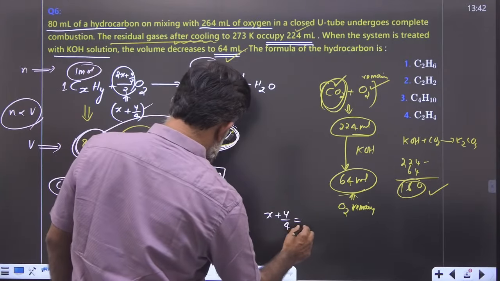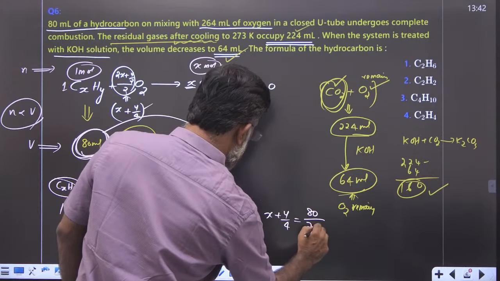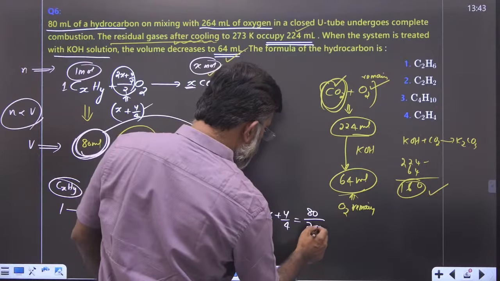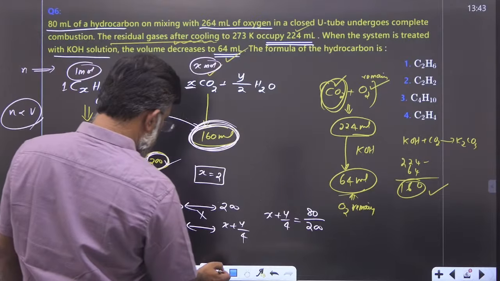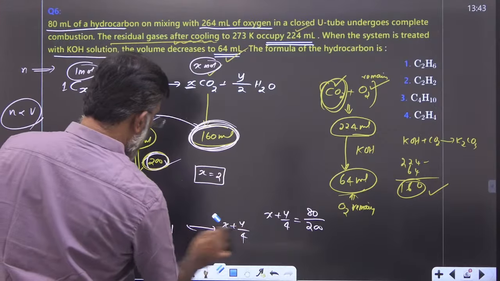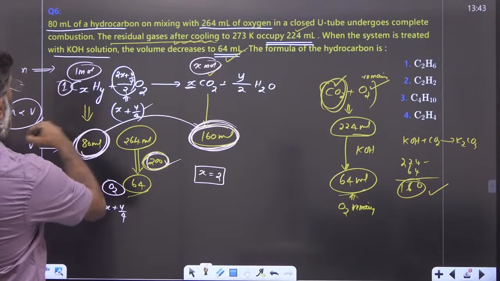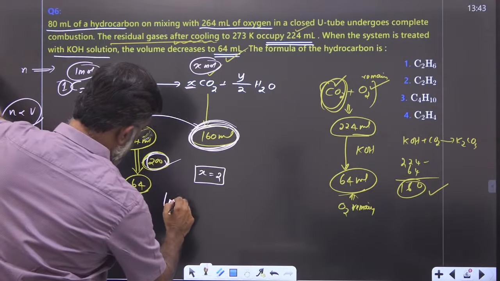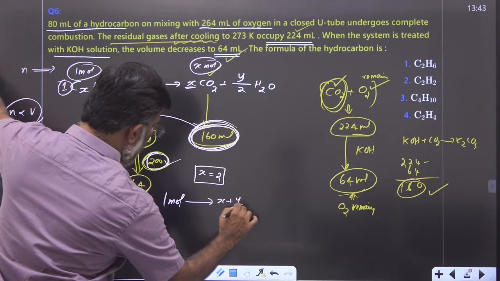Was there any mix up? One mole consumes x plus y by 4.